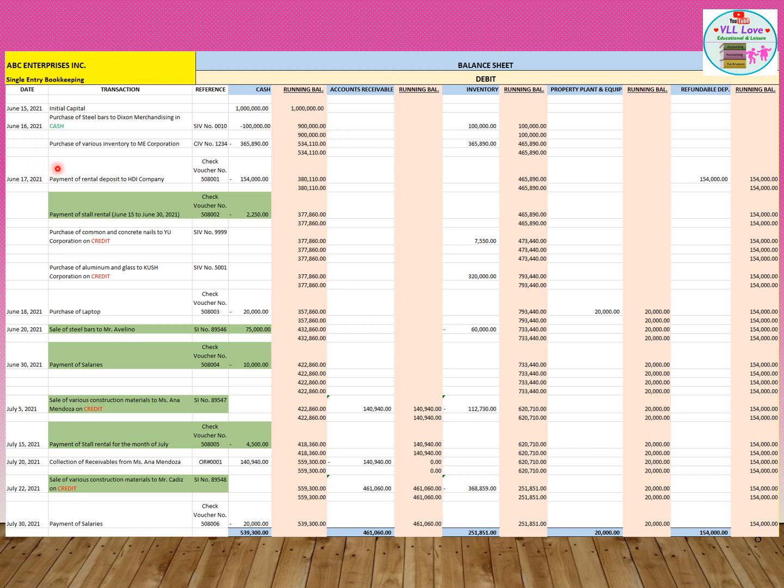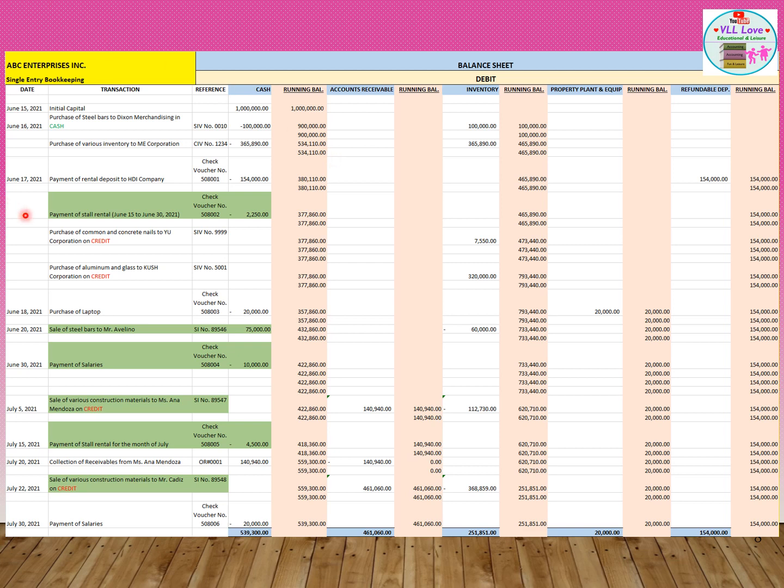Next one, purchase of various inventory to MB Corporation in the amount of 365,890. This is also a reduction to cash. So from 900 less 365, we will have 434,110, right?